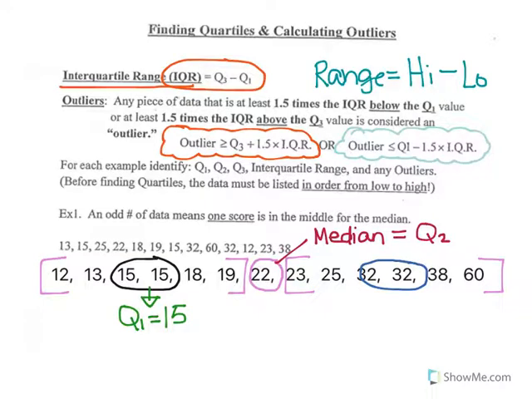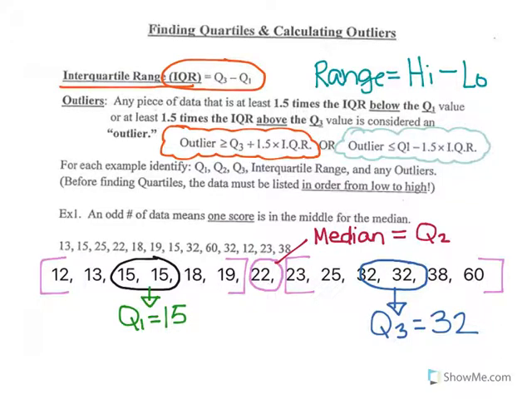And this is just a coincidence that they happen to also be the same number. So Q3 is going to be 32. Okay, so we have all 3 of our quartiles. We have quartile 1 is 15, quartile 2 is 22, and quartile 3 is 32.